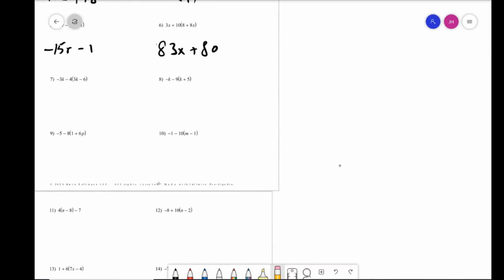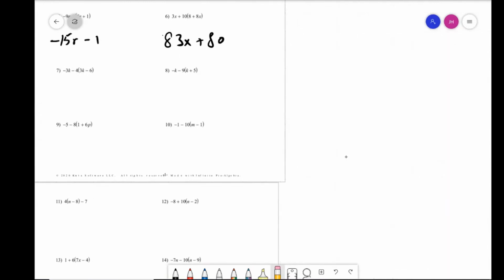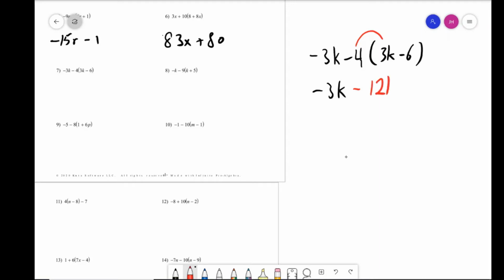number 7. Okay, -3k minus 4 parentheses 3k minus 6, so -3k. Then I will do the distribution of -4 times 3k, that is negative 12k.